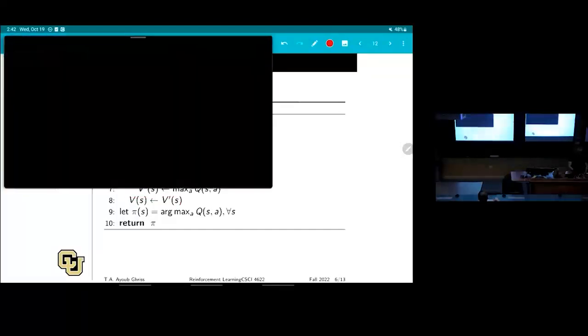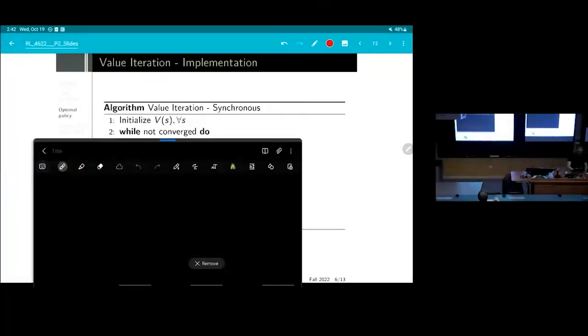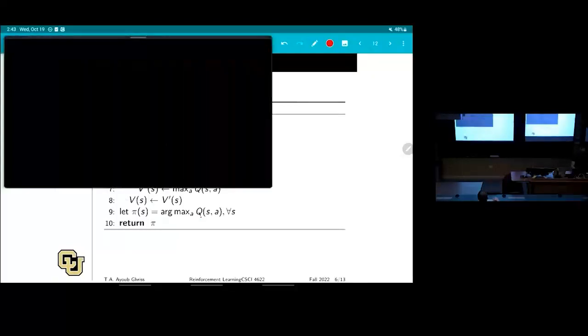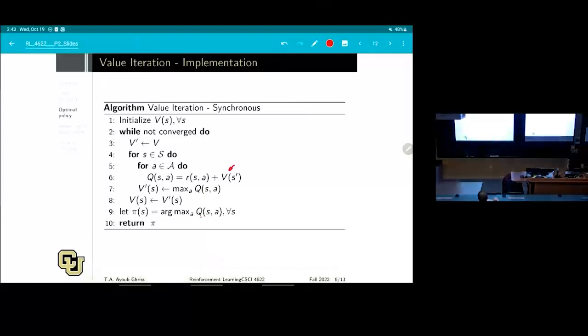At the end, I'm going to append that newly learned V prime to V. So the updates use V, but I'm storing my maximum in V prime. Once I go through all the states, that's where I update my initial value function. I'm going to show you examples of these so you don't get lost in all these concepts and the difference between the two.